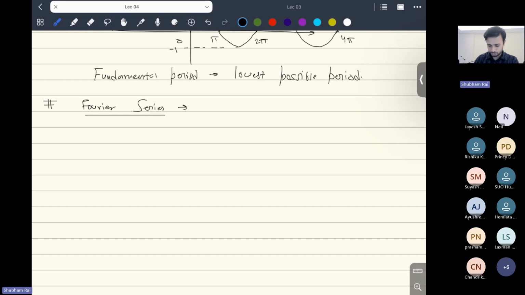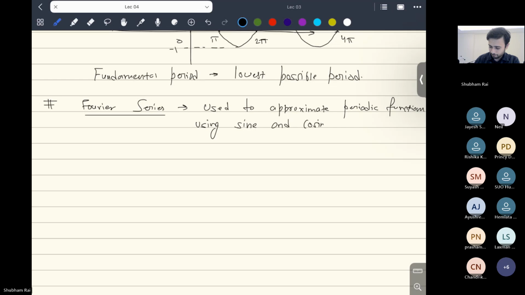The Fourier series is used to approximate periodic functions using sine and cosine forms. Or we can say sine and cosine terms. So if I write, it will look something like this.